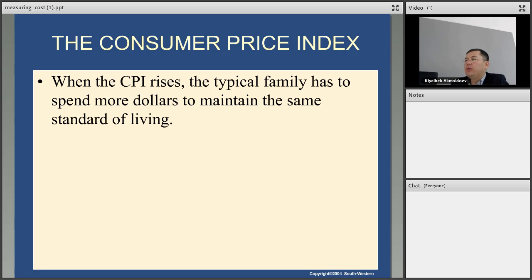So when there is inflation, the typical family, as mentioned here, has to spend more dollars to maintain the same standard of living, because when the price index increases, or when there is inflation, people's purchasing power decreases, so they become poorer when prices for goods and services increase.